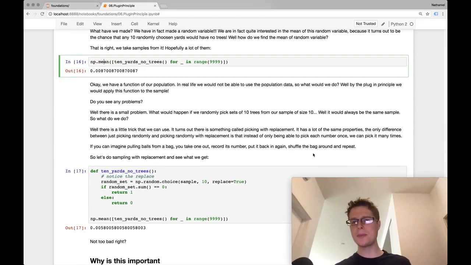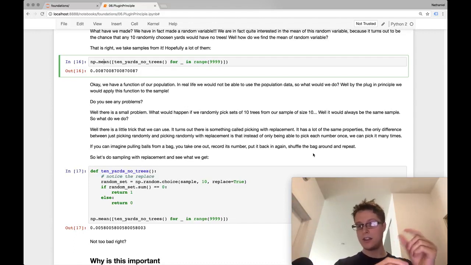So it turns out there's something called sampling with replacement. And I've done a video on sampling with replacement and sampling without replacement that I'll link. It will probably be up in the top right-hand corner of the video. You just imagine you've got this big old bag full of marbles, and you take out the marbles and you sort of record what color they are. Sampling with replacement is you take a marble out, you record what color it is.